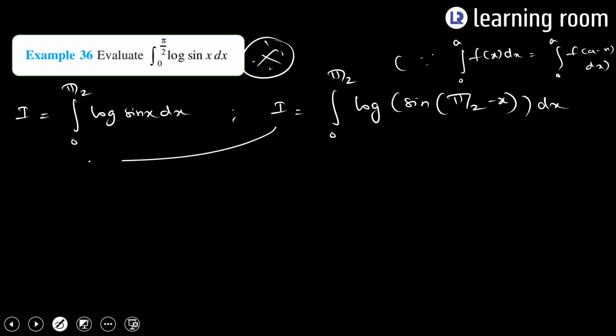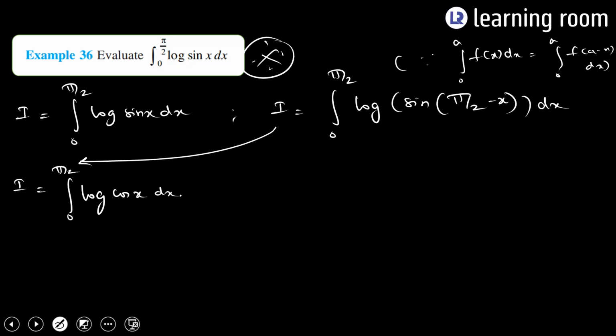So from this one, I will be equal to integral of 0 to pi by 2 log of cos x dx.